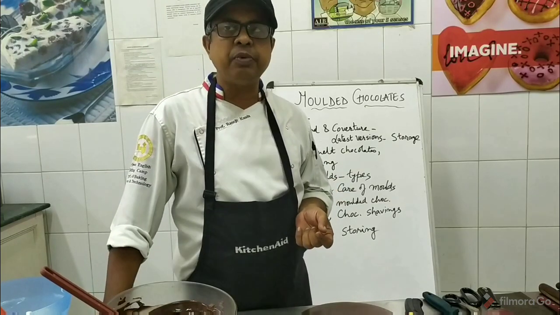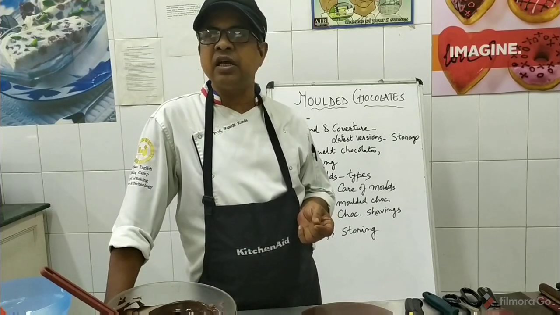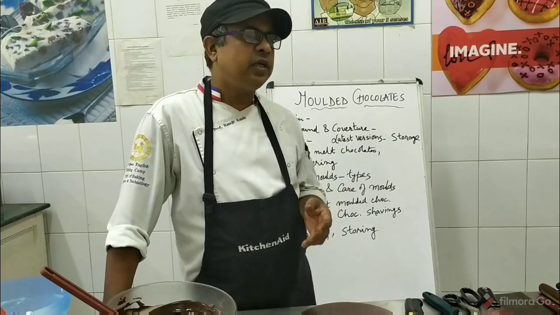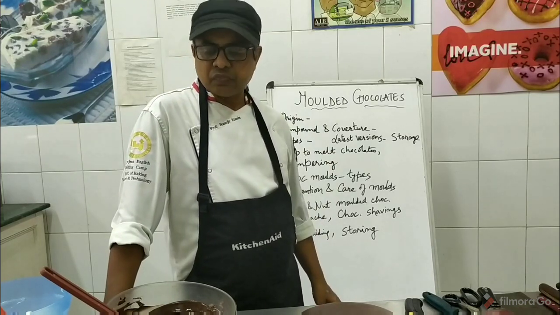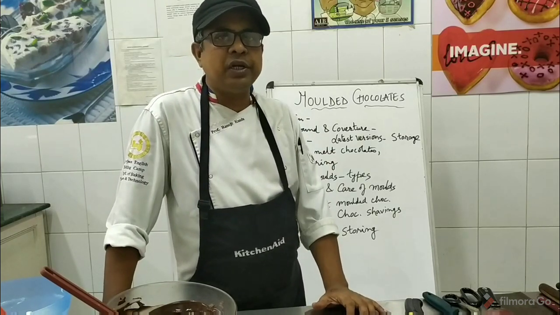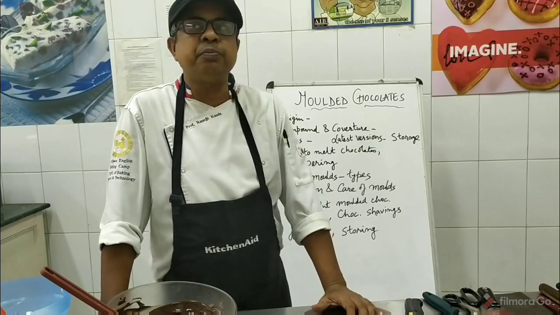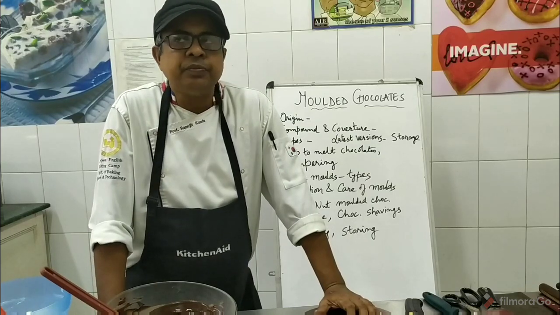Only international players are there, like Strawberry, and there are some from Malaysia and Thailand also. But local chocolates are also okay to an extent. We can still work with those chocolates, but yes, there's a big difference in taste and a big difference in price also. And compound chocolates are much easier to work with.